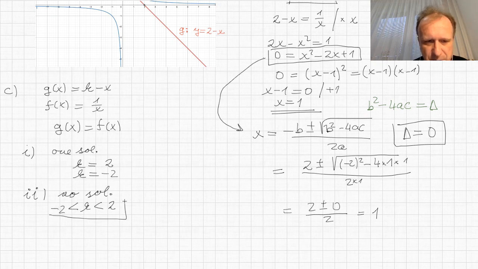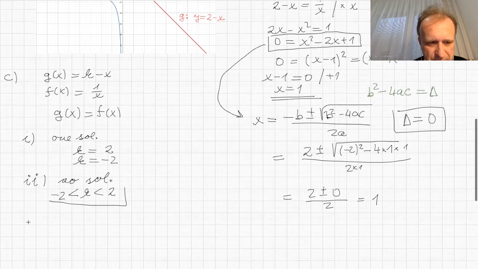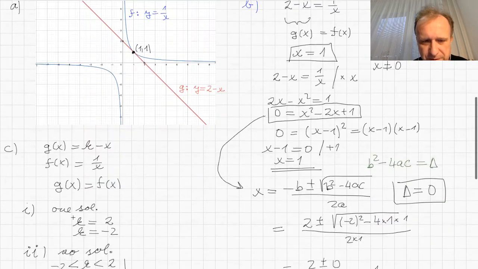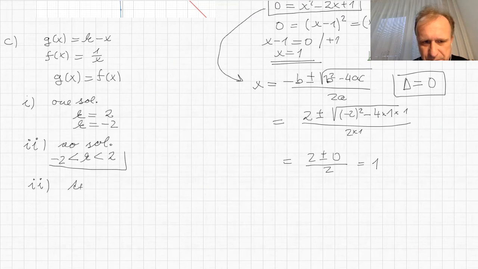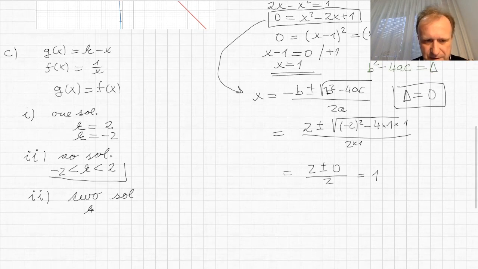So this is the situation when there are no solutions. And finally, two solutions are present when k is either greater than 2 or k is less than -2.